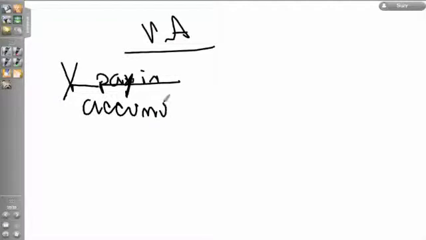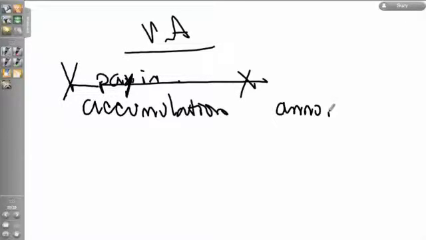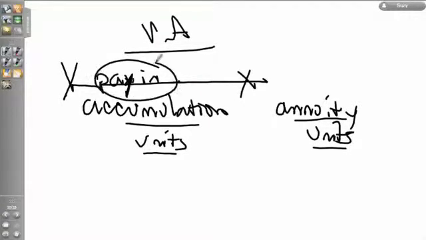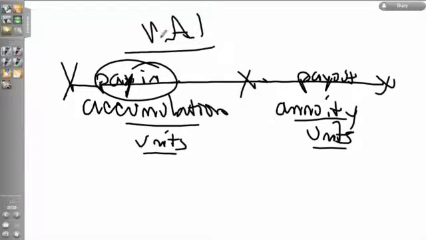If you have an immediate annuity, you have annuity units. Or when you annuitize a deferred annuity, you have annuity units. So the test likes these key words. Accumulation units is a key word for pay-in, and annuity units is a key word for pay-out. Of course, on a variable annuity, that's what we're talking about.